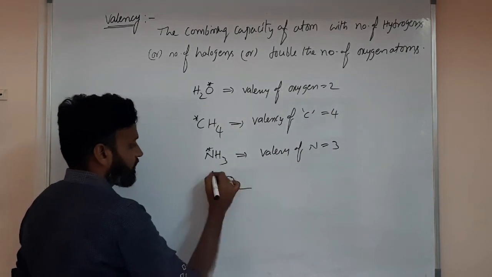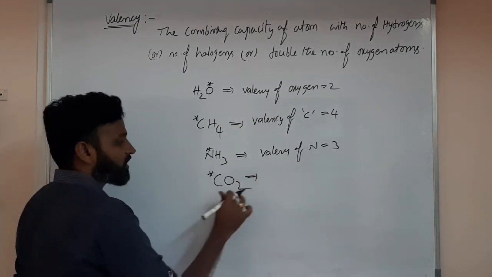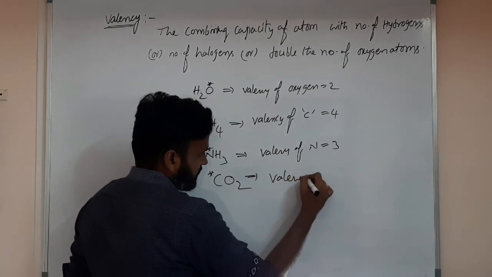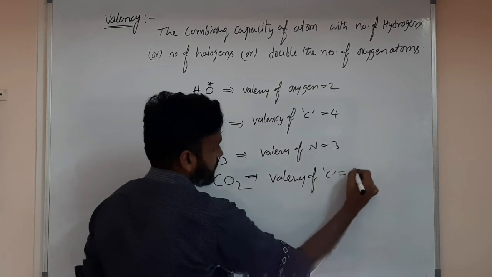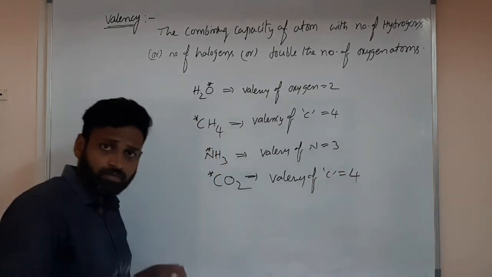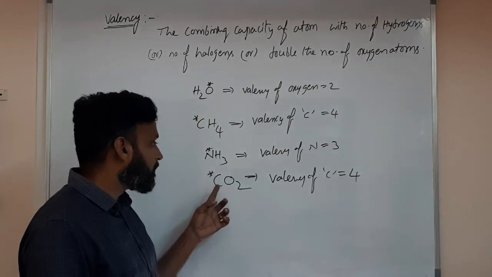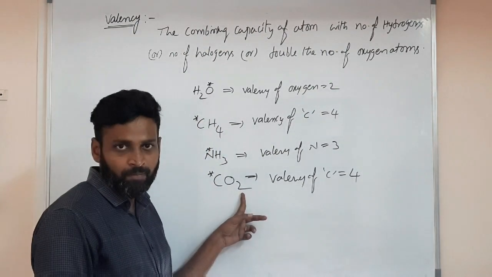CO2, carbon dioxide. So carbon valency you have to say with respect to oxygen. Here the valency of carbon is 4. Why is the valency of carbon 4 here? Carbon combined with 2 oxygens.